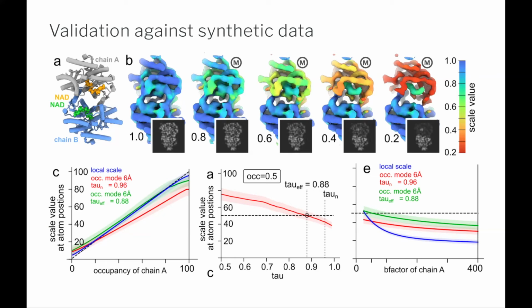If we reduce it optimally, because we know the ground truth here, then we can get an even better estimate. So we have a bit of work left to do to make sure that we don't input too high a tau value when we employ the occupancy mode, local scale.